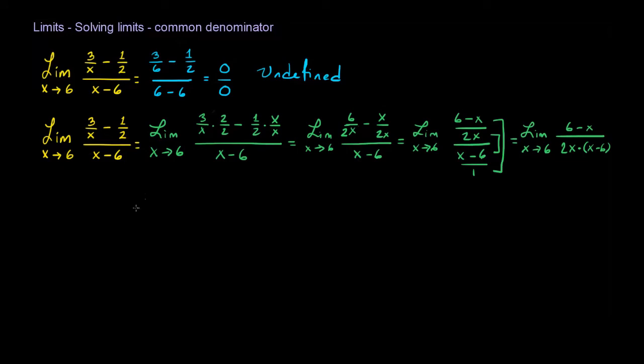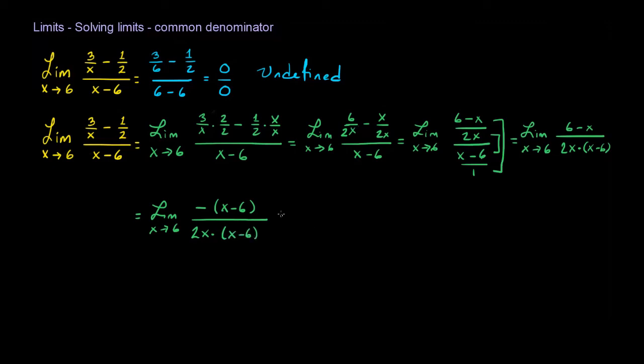From here, the limit when x approaches 6, I'm going to change the sign of the 6 minus x in the numerator by multiplying by negative 1, which gives negative x minus 6, over 2 times x minus 6.